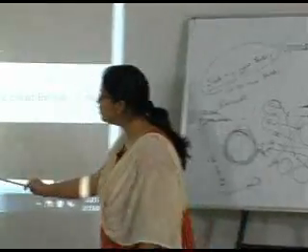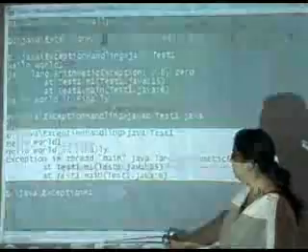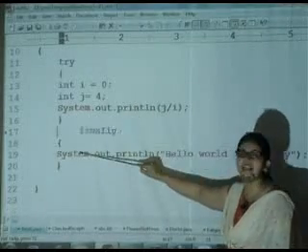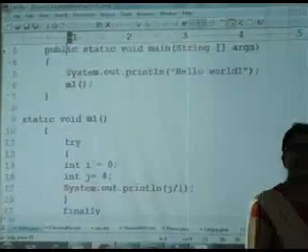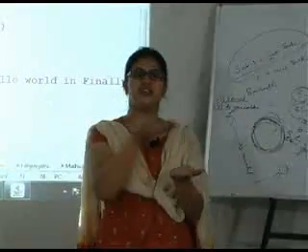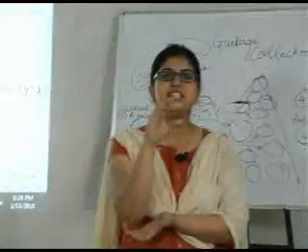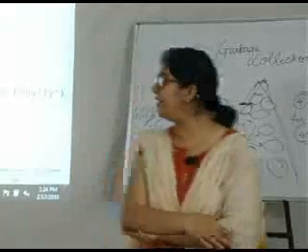A try will always be accompanied with either finally or catch or with both. And when you come out from try, finally gets called. You come out from catch, your finally gets called. So all the common code which needs to get executed should be placed in your finally block.